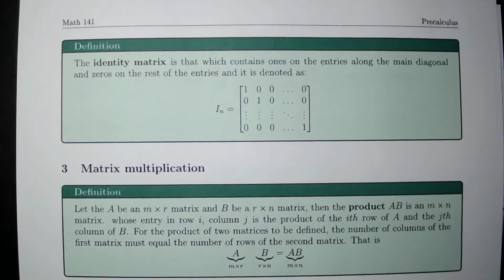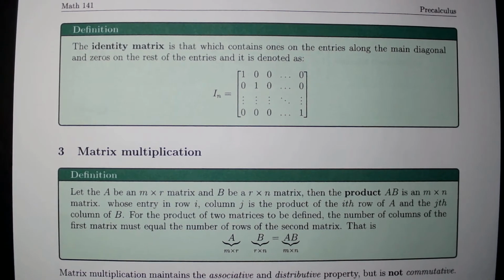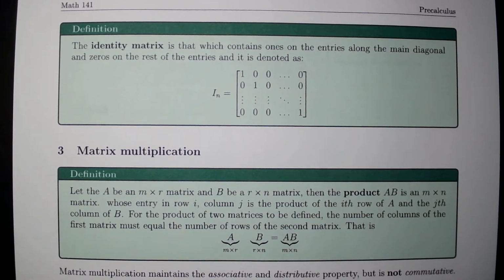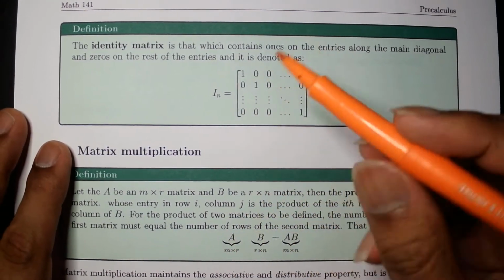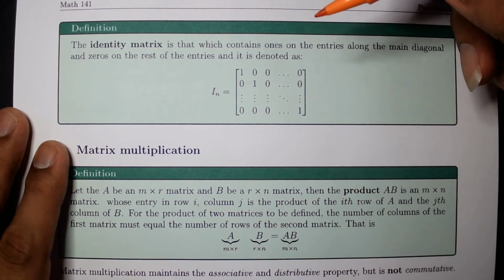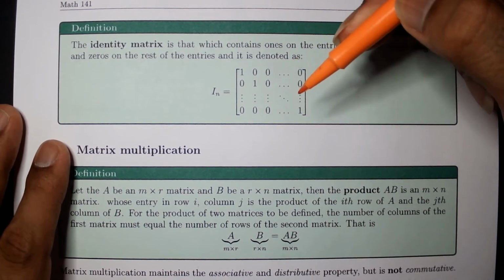Now, the trickiest part is when we multiply a matrix with another matrix. But first let's define the identity matrix, because we're going to need it later. We have already defined the identity matrix when we solved systems of equations using Gauss-Jordan elimination on the calculator to set it into RREF.